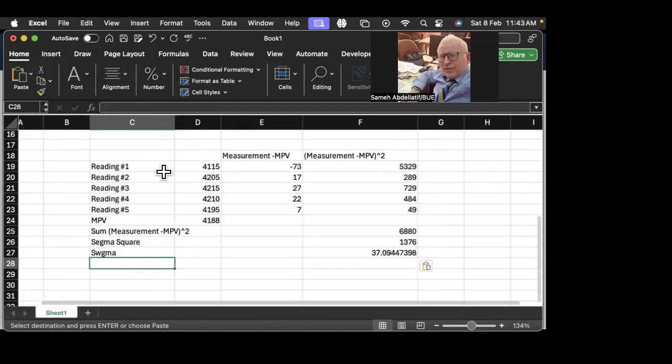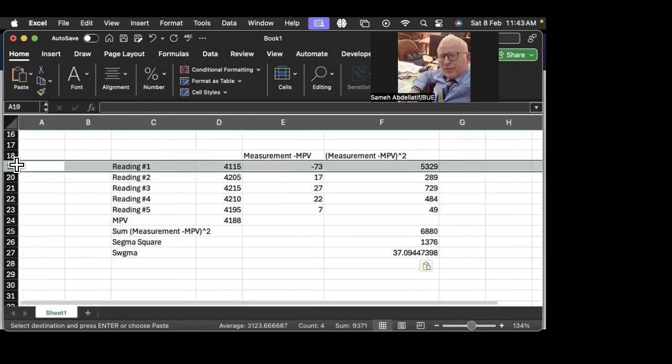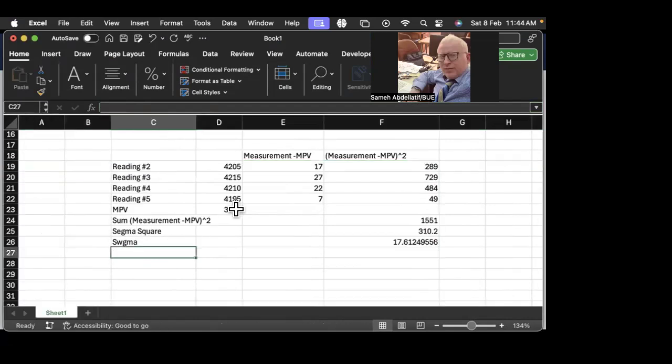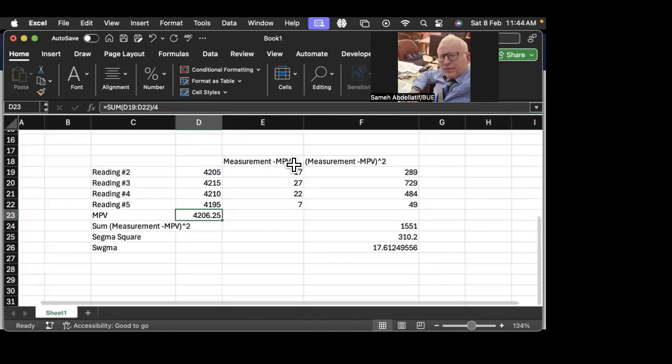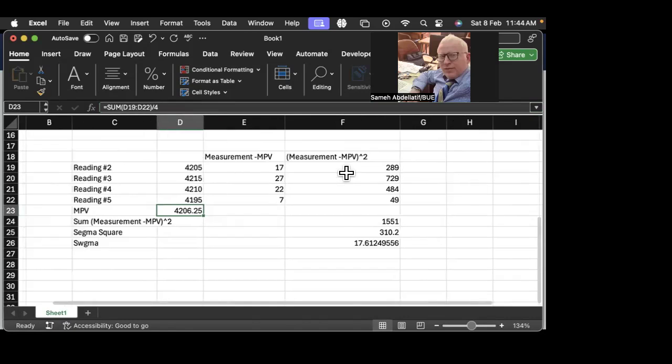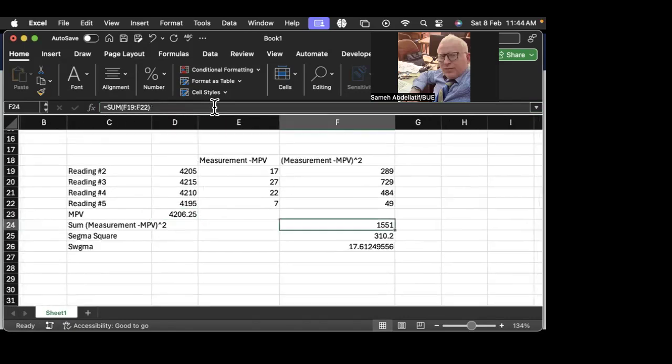And what I'm going to do simply, my dear students, is delete this row. Now this MPV is divided by 4, not 5, because we have only 4 measurements. Again, you can now see that it's very close to 4,200 with respect to the previous one. Then we make the squaring and everything is correct here. And then this is again divided by 4, not 5.